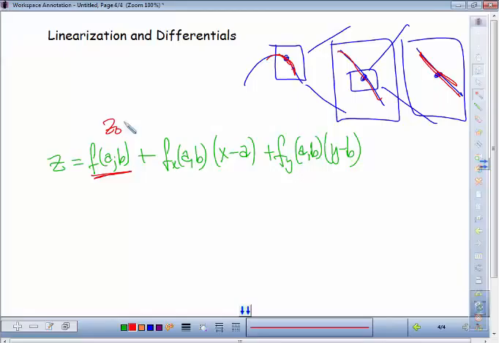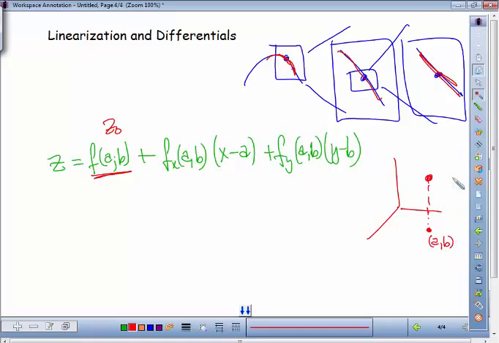So you start off at a particular height. So that height is going to be the f of AB, right?